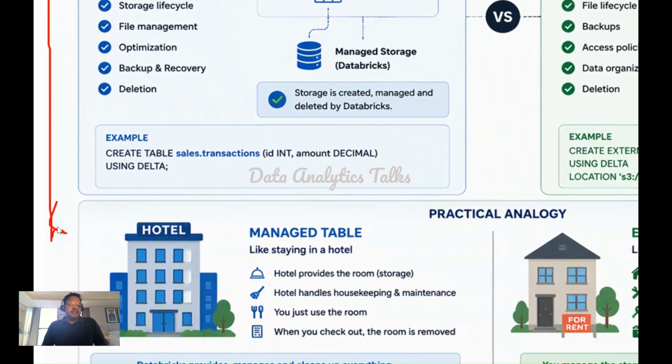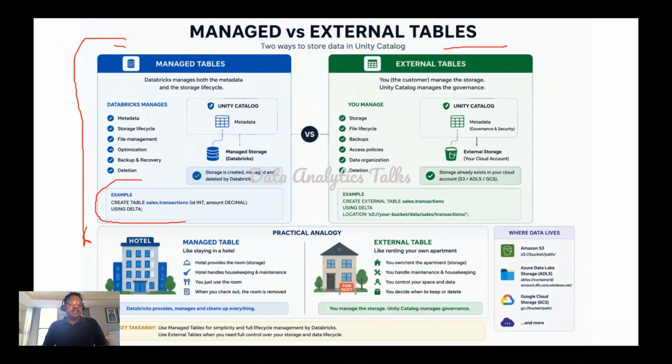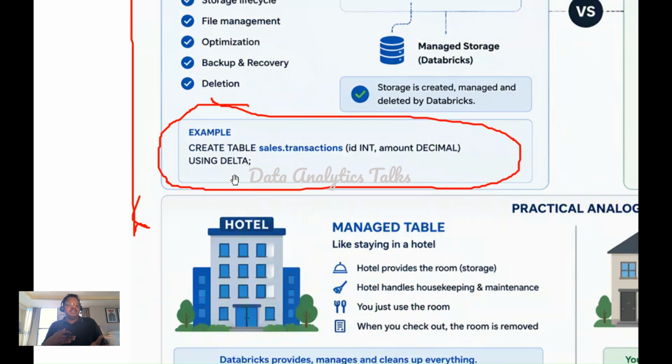So you simply create the table and focus on your analytics workload. You may be familiar with the create table command. We will be using create table, the sales schema, then the table name, then you give the field names, and using Delta it becomes a managed table, right?